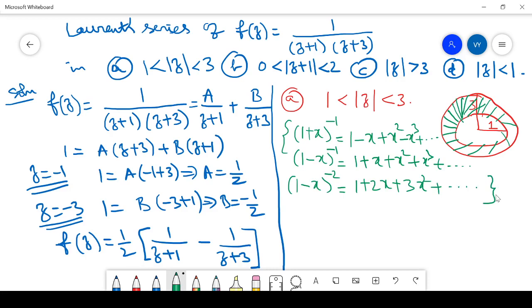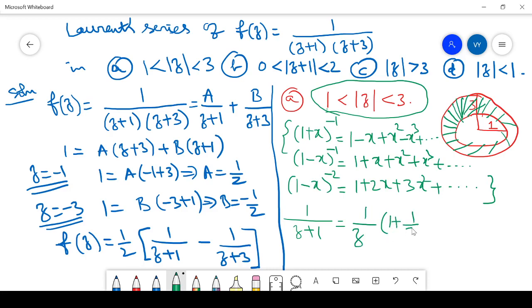Depending upon the region of convergence, we will expand the terms of f(z). Here the region of convergence is 1 < |z| < 3. In 1/(z + 1), I will remove 1/z as a common factor and I will have (1 + 1/z)^-1.